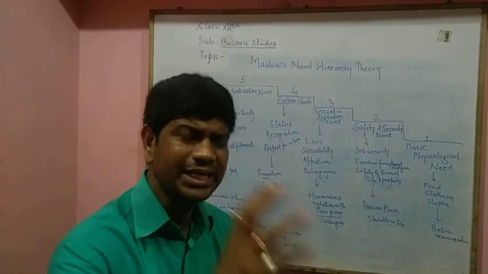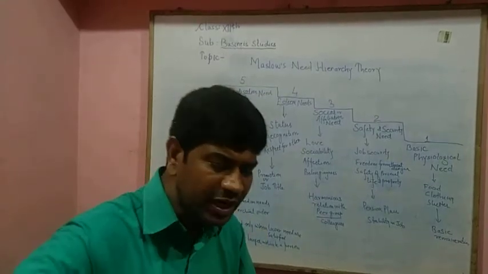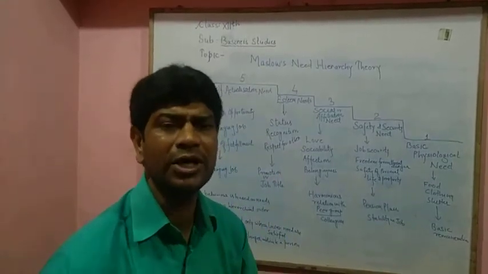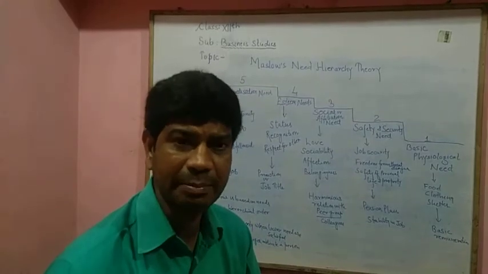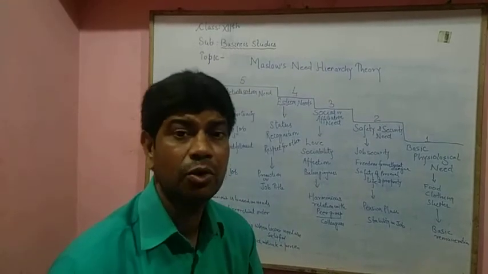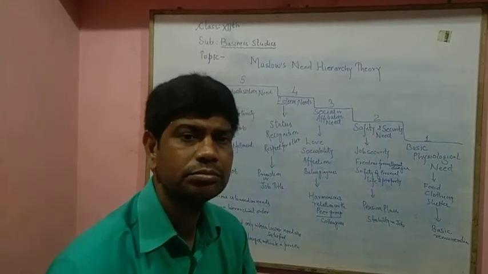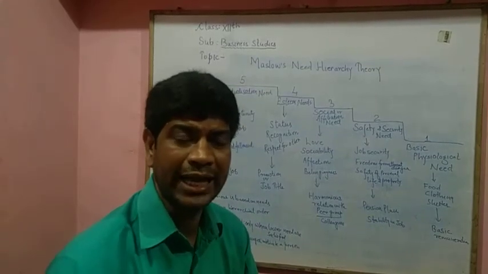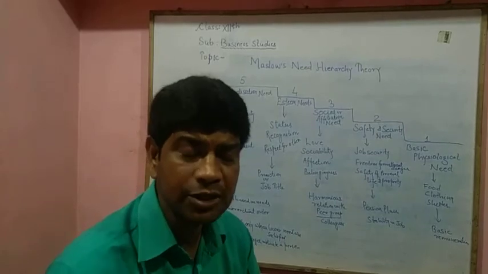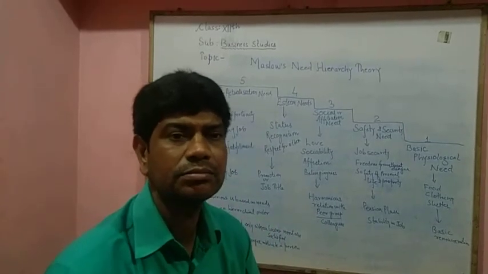Now this is a need which has to be fulfilled from within the employees. This is the capacity within the employees, what an employee is able to achieve. An organization has to provide such opportunities.